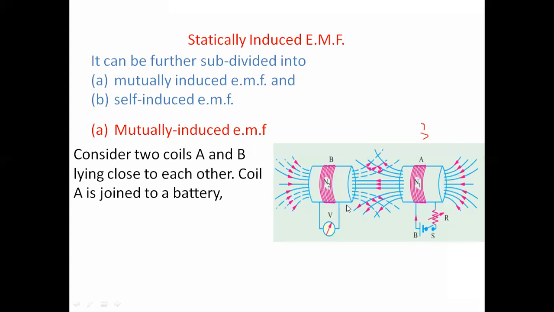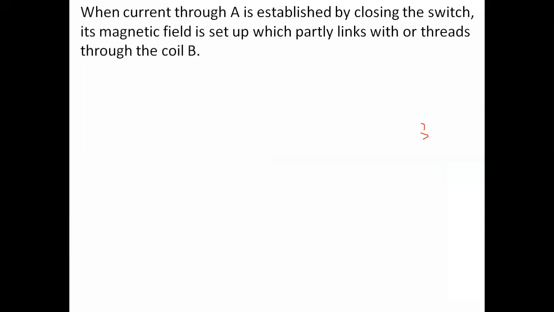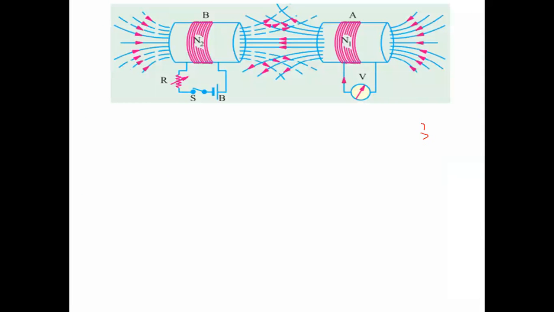Similarly, in the next case, in coil B we will connect the battery and switch, and in coil A we will connect the voltmeter. See here, this is the second case. In coil B we connect the switch, battery and resistance.